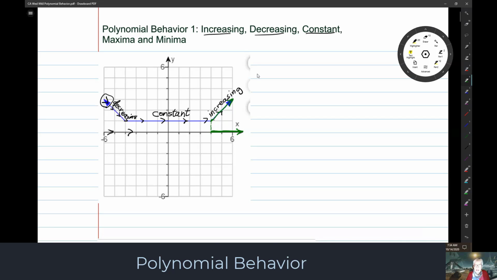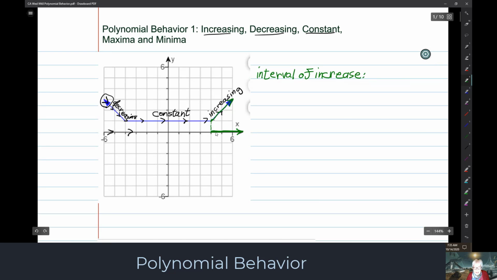Okay, the interval of increase is read on the x-axis.